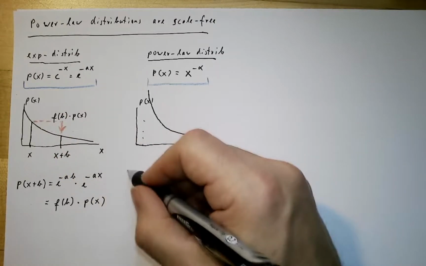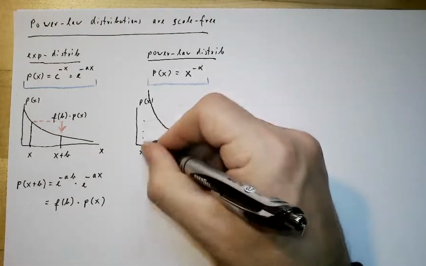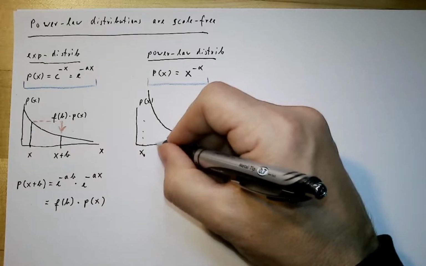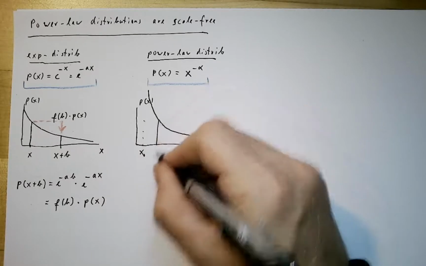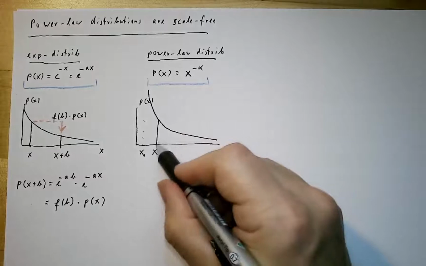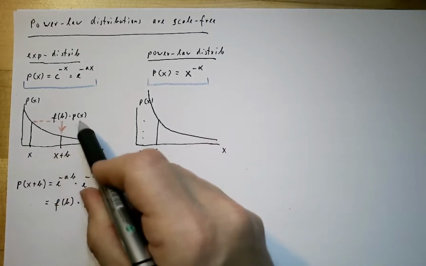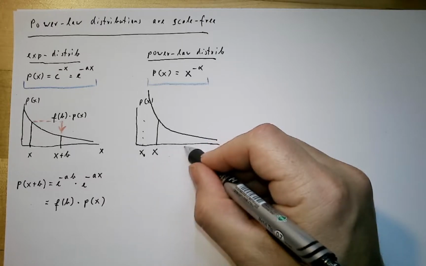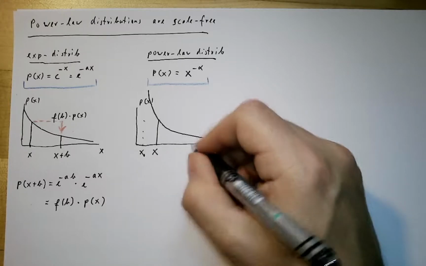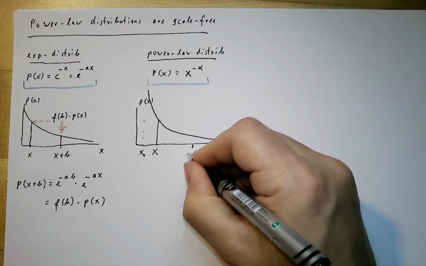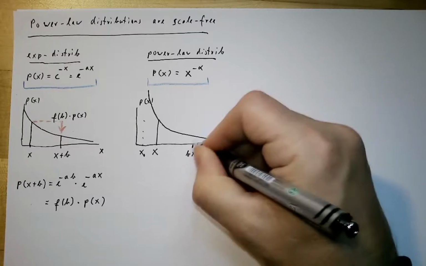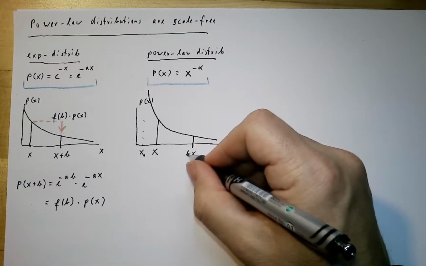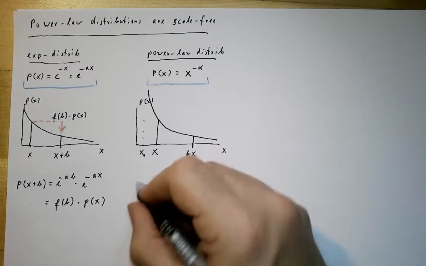Now, how is this when we have a power law distribution? Let's take here the value x. And now we want to have something similar. And in the power law distribution, we cannot go to x plus something. We have to go to value b times x, and see what is the value, the probability of b times x.